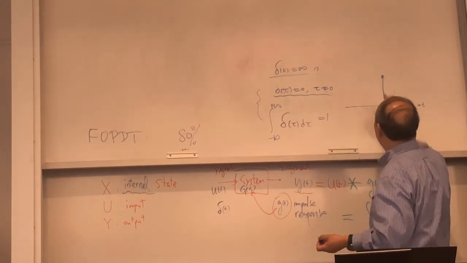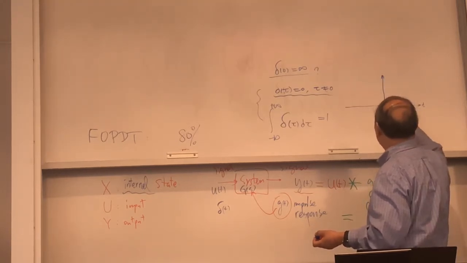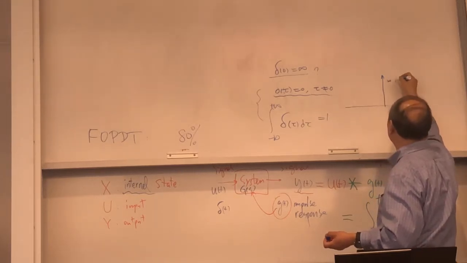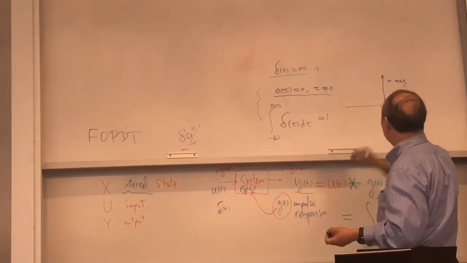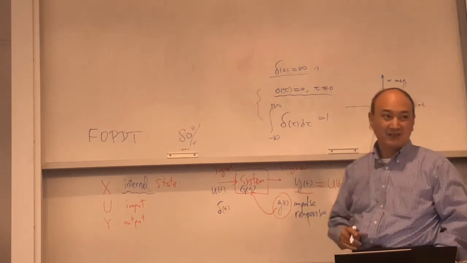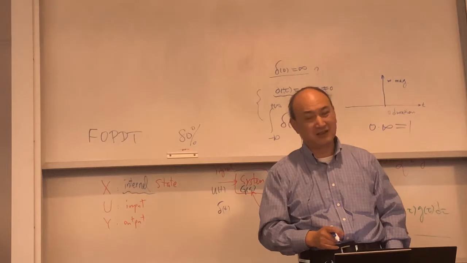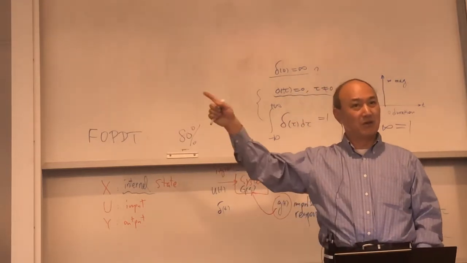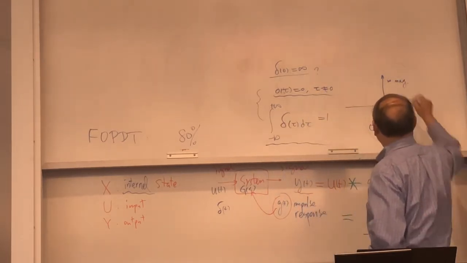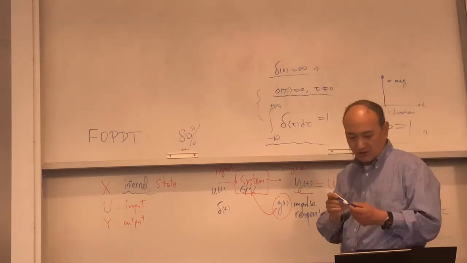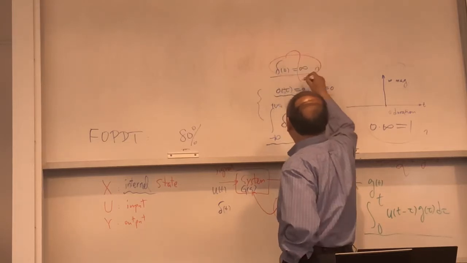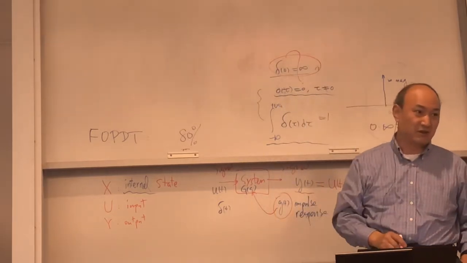You have an impulse with 0 duration and infinite magnitude. But the question is, you cannot say 0 times infinity is 1, right? That analogy is questionable, okay? In other words, don't tell people Dr. Chen told you this. No, I don't think so. I don't like that.